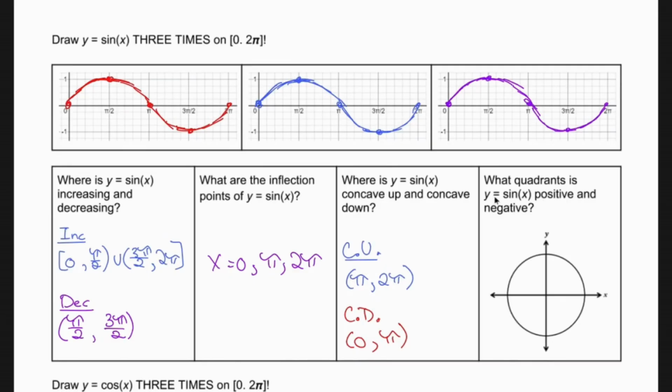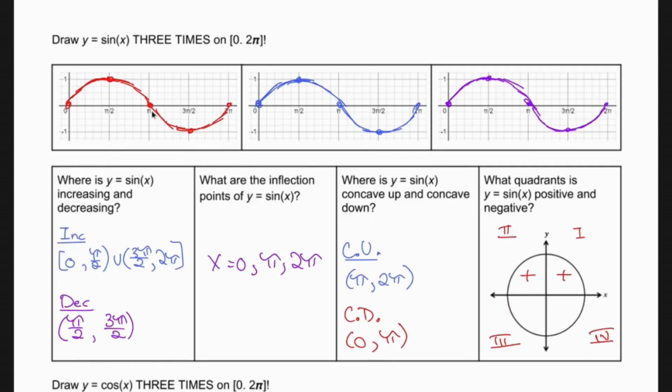What quadrants is sine x positive and negative? All right, well, we have quadrant 1, quadrant 2, quadrant 3, and quadrant 4. Sine is above the x-axis, which means it's positive from 0 to pi, not including. So from 0 to pi, sine is positive, which means it's positive in quadrant 1 and positive in quadrant 2.